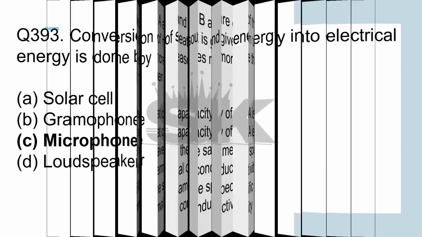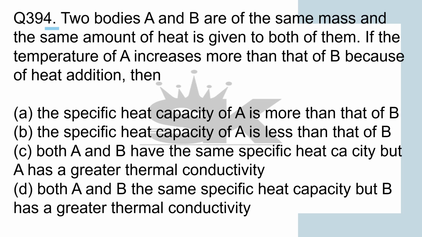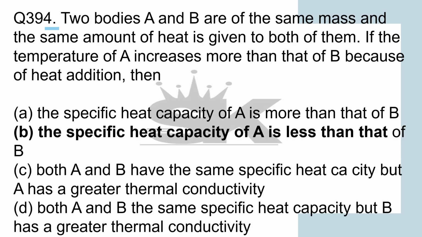Two bodies A and B are of the same mass and the same amount of heat is given to both of them. If the temperature of A increases more than that of B because of the heat addition, then the specific heat capacity of A is less than that of B. Okay, that's the answer.